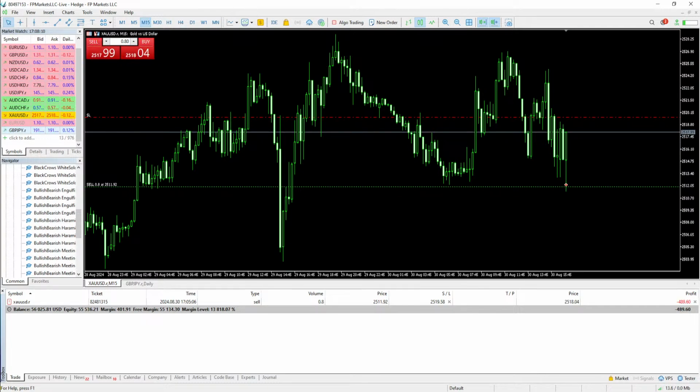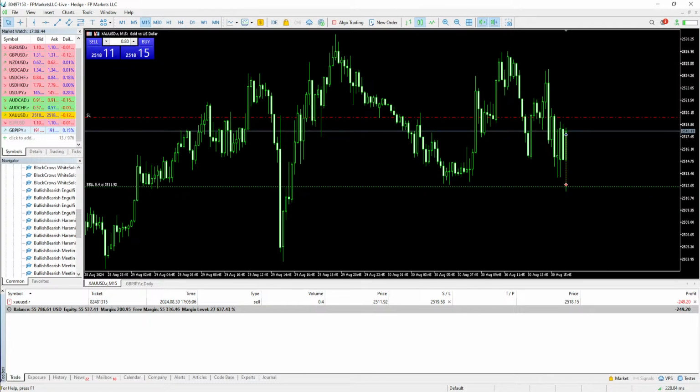So it's moving up. Okay, so I have closed 50% over here. As you can see, I have closed 50% of the trade to manage my risk.